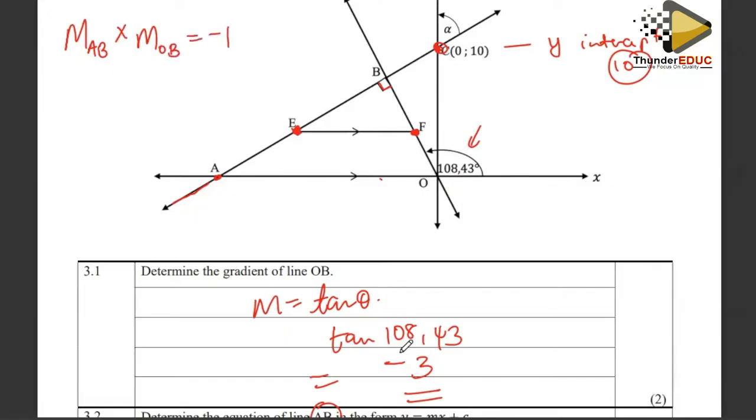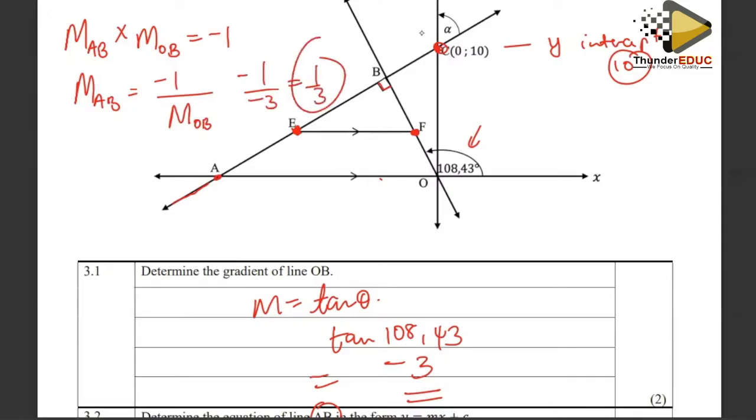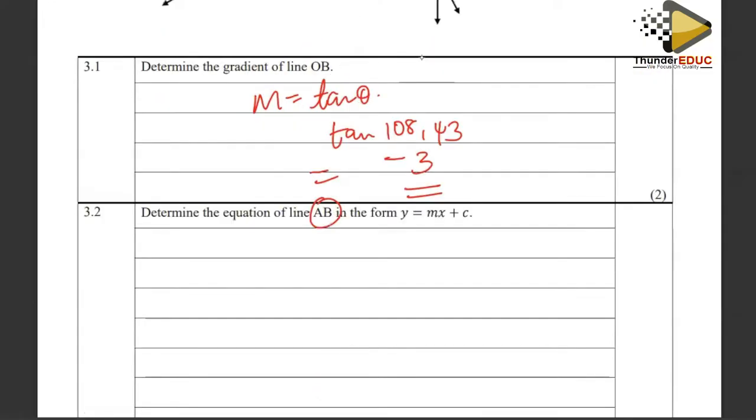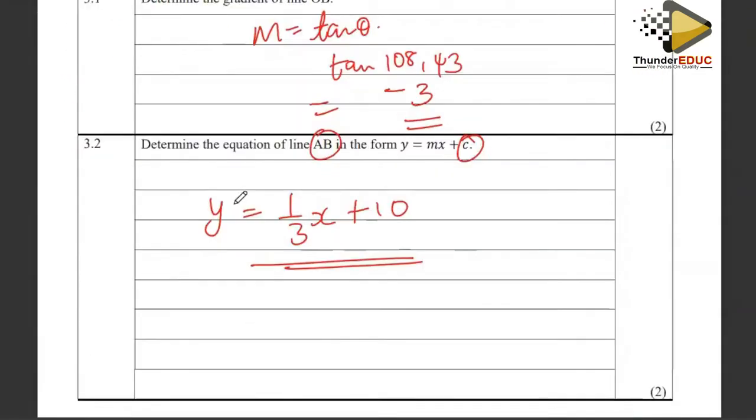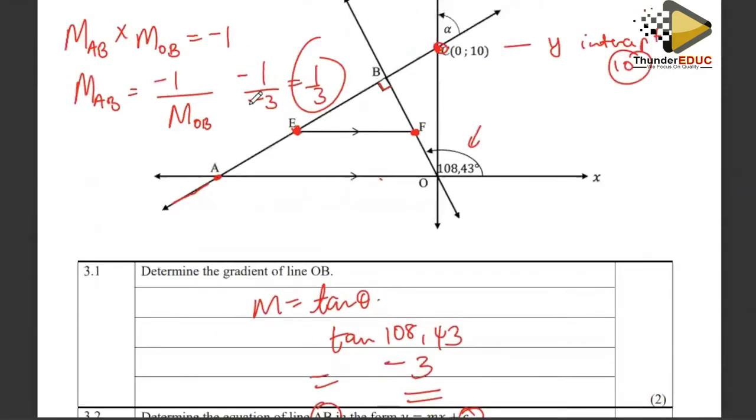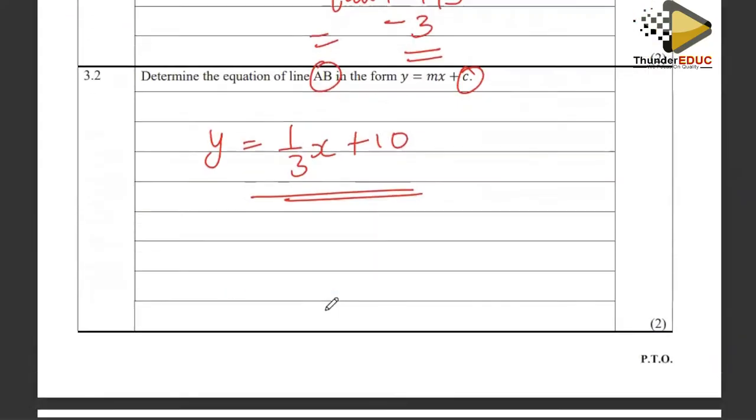Since the gradient of OB is negative 3, m_AB is negative 1 over negative 3, which becomes 1 over 3. So we have our gradient and the y-intercept, meaning y is equal to 1/3 x plus 10. That is what the question technically wanted: show us this multiplication of perpendicular lines, and then the answer.